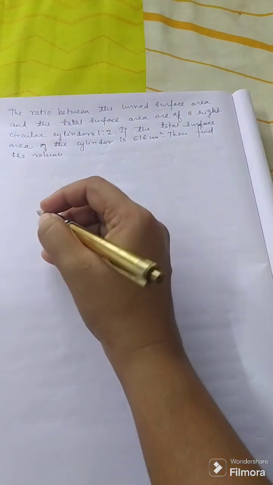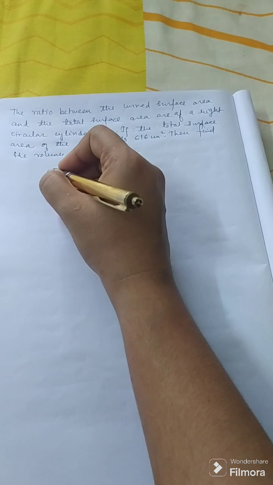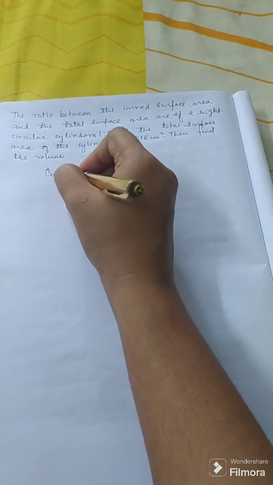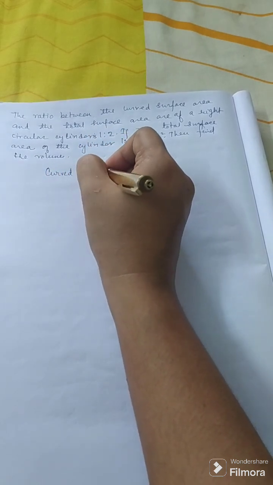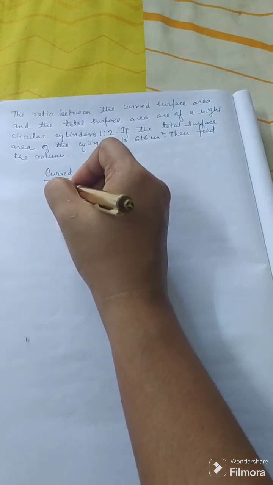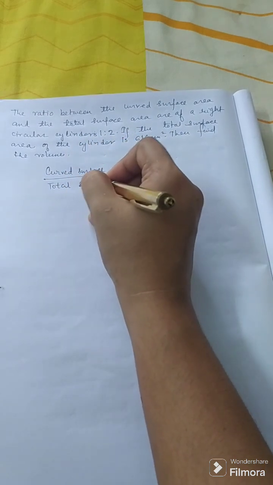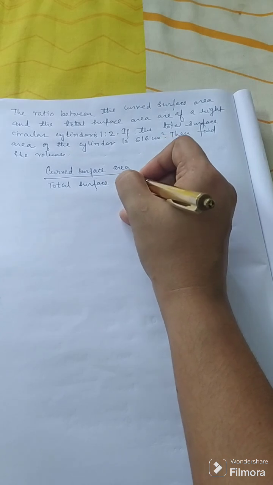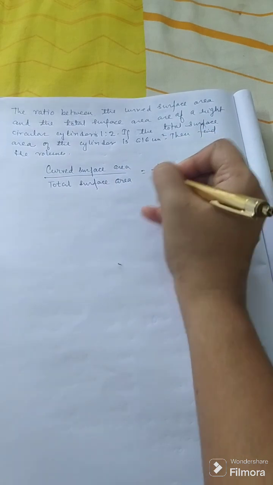It is given that the ratio between the curved surface area and the total surface area is 1:2. So, I am writing curved surface area by total surface area is 1:2.